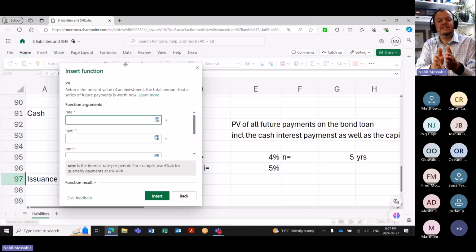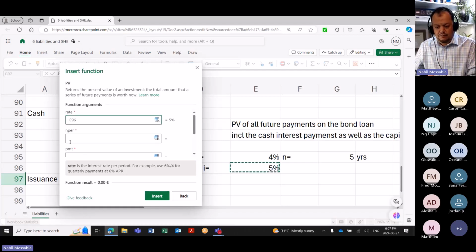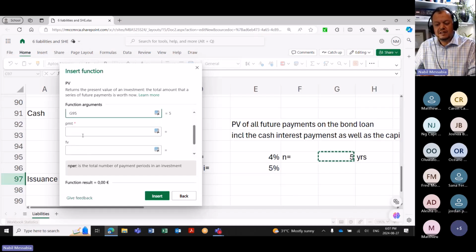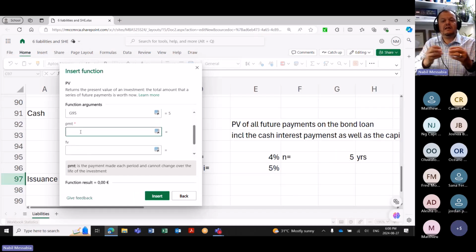So what you have to put here is the discount rate, the yield rate, the market rate, which in this case is 5%. The number of payments is 5, and now I need the cash amount of payment. How much are you going to pay each time? There you use the stated rate, because in terms of cash amount, you're going to pay $1,000 times 4%.